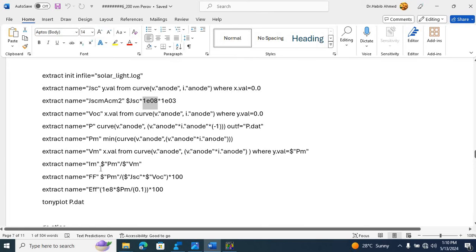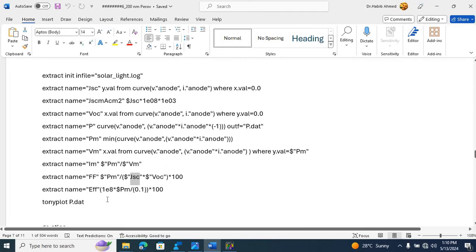As we know, in the light IV characteristic of a solar cell, there is a maximum voltage and maximum current point corresponding to the maximum power point. Similarly, we can calculate the fill factor, which is equal to maximum voltage times maximum current divided by open circuit voltage times short circuit current, into 100.